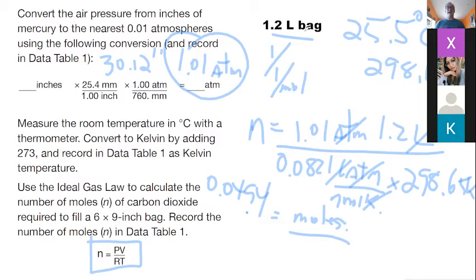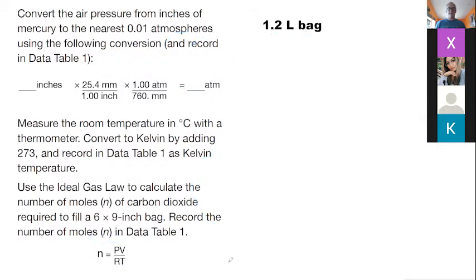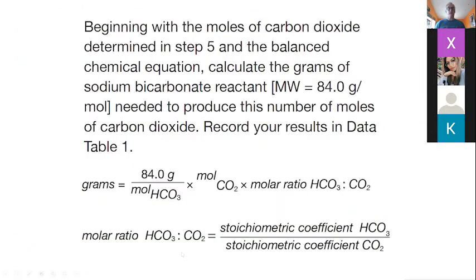Next, we needed to figure out, okay, if that's the number of moles of CO2 I need to make, how much acetic acid and how much bicarbonate am I going to need? So we move on to the next calculation.